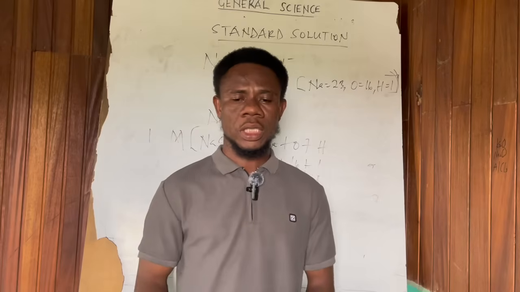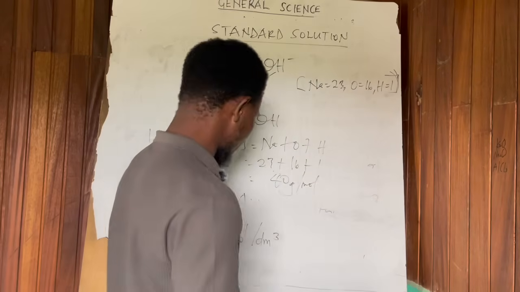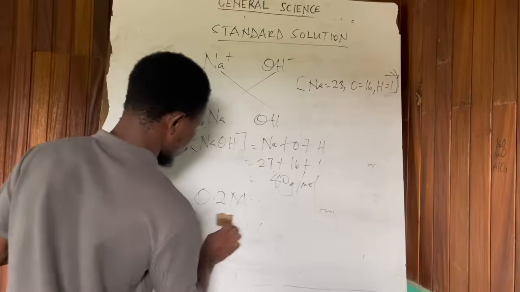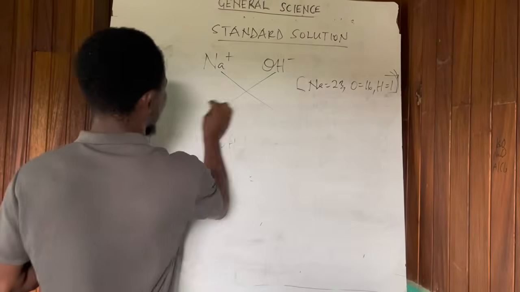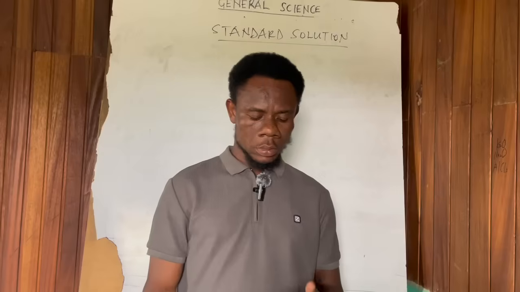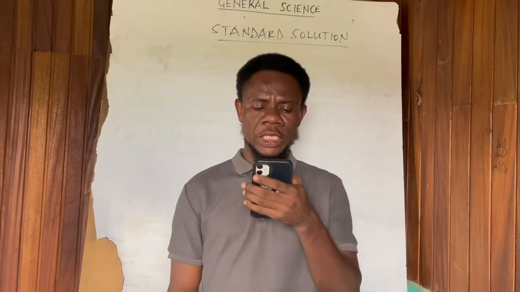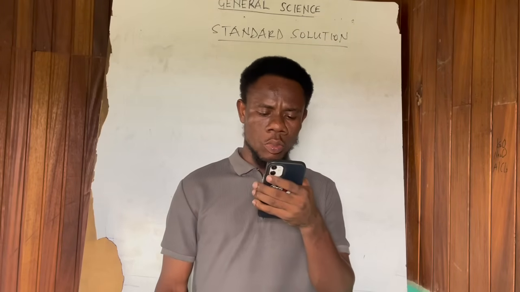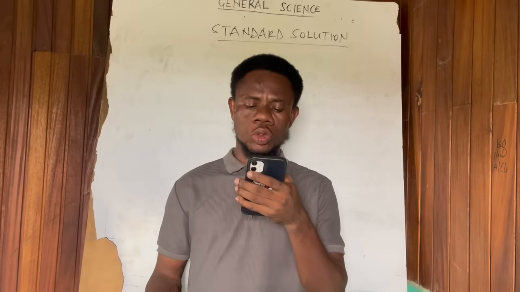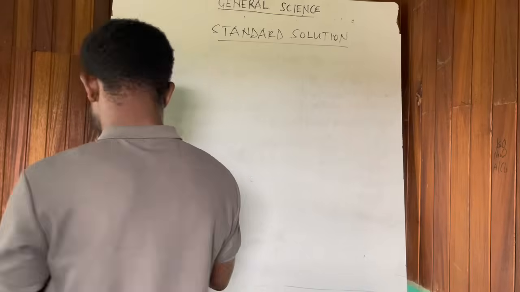Okay, so our first question under standard solution. Prepare 1000 centimeters cube, that is 1 dm cube, of 0.5 molar sugar solution. Let me write the question.